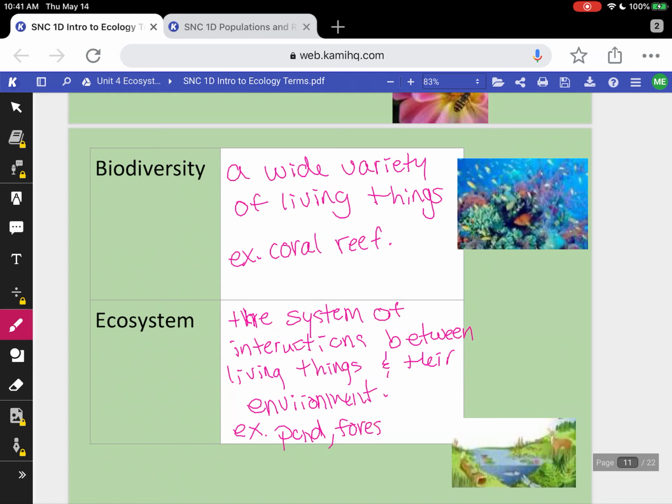So an example of an ecosystem could be a pond, could be a forest, could be the ocean. Okay, it actually generally is a very large area that has lots of different living things and non-living things and things that are all interacting with each other.